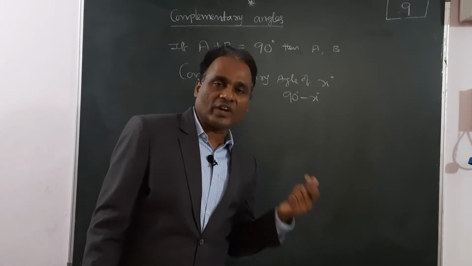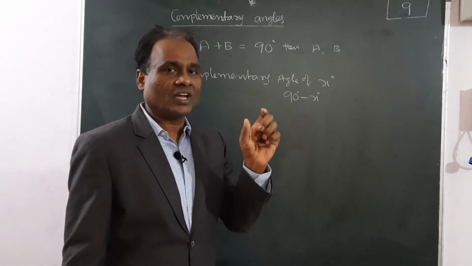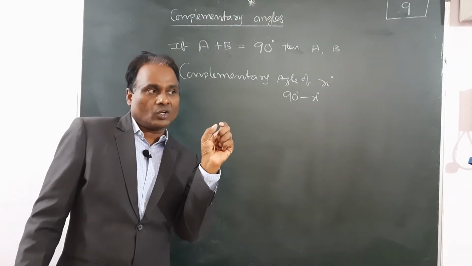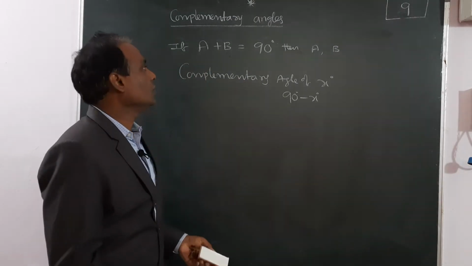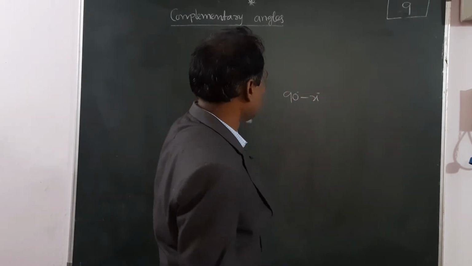If one angle is 20 degrees, the other will be 90 minus 20, like that. So to get the complementary angle, subtract the given angle from 90 degrees. So complementary angle, the sum of two angles should be 90.